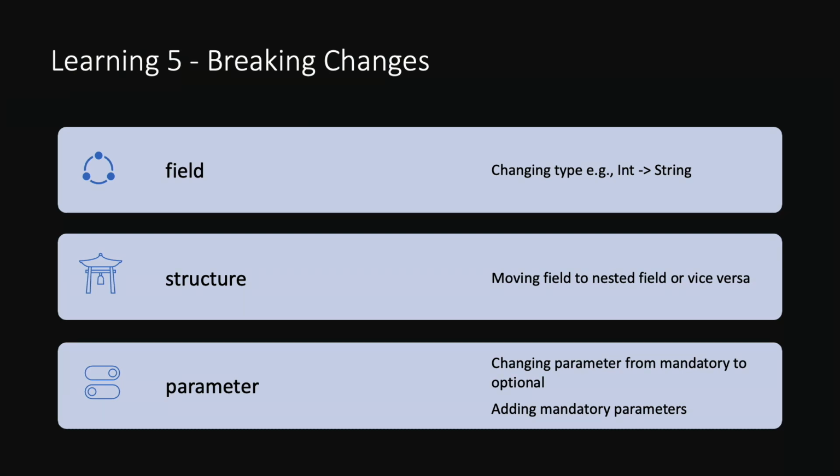Like if you want to change a field's type, or if you want to move fields in or outside of nested fields, or if you want to add mandatory parameters or change your existing mandatory parameter to optional, then be aware of whether any older version of the app is still consuming that schema, and making those changes is going to break the experience there.